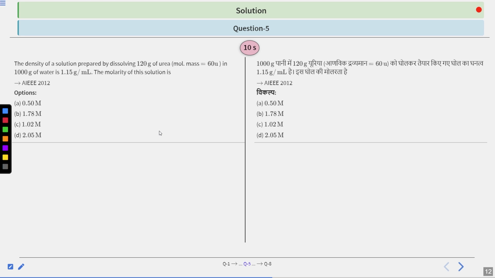The density of the solution is given, and you have to find the molarity. At the same time, it is already given that 120 gram is dissolved in 1000 gram. So the hint of this question is that you can find the volume using the total mass because density is already given. Clear? So your 10 seconds to solve this question starts now.